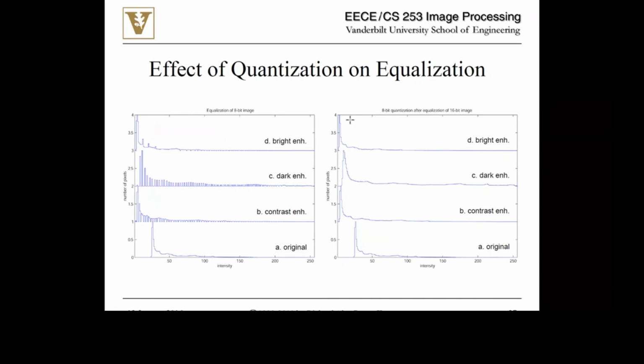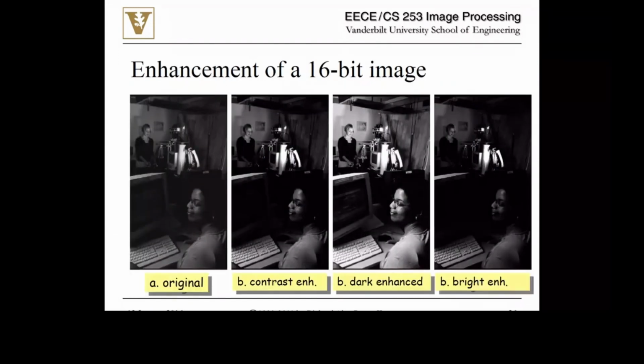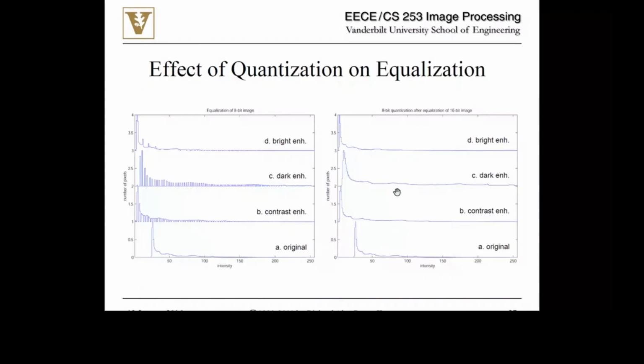So the quality of the 16-bit operation is a bit better than this one, but the difference is not very large. When you look at the images, you don't see those differences. But when you look at the histograms, you see that this one creates holes, which is unnatural for an image. This one has continuous values, or continuous histograms at least.